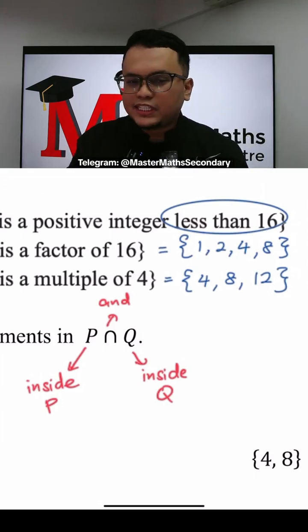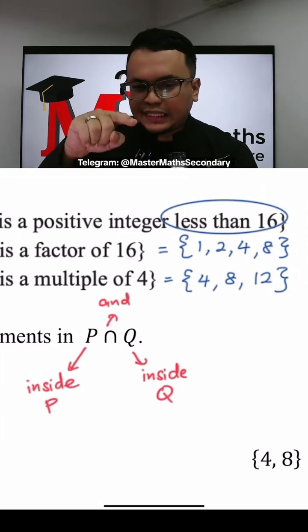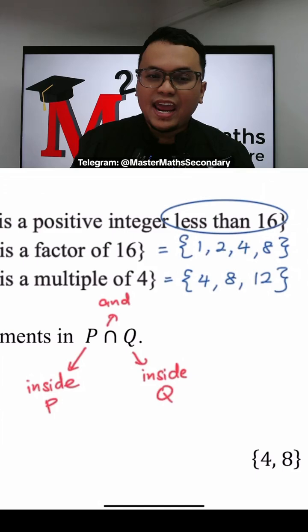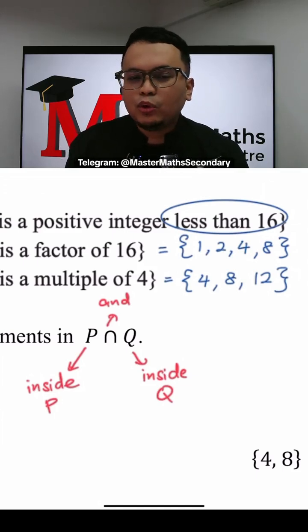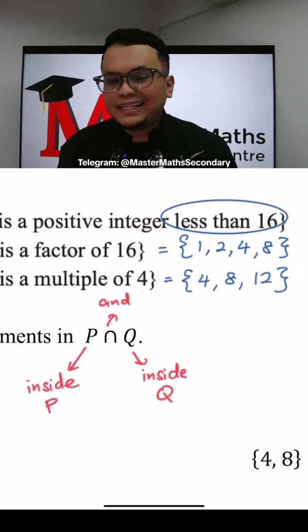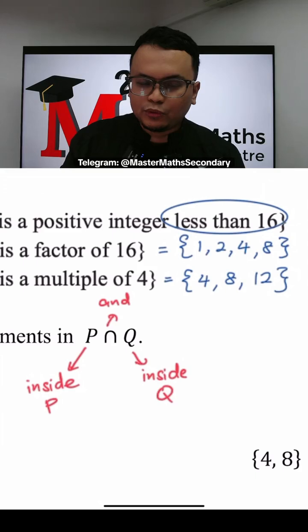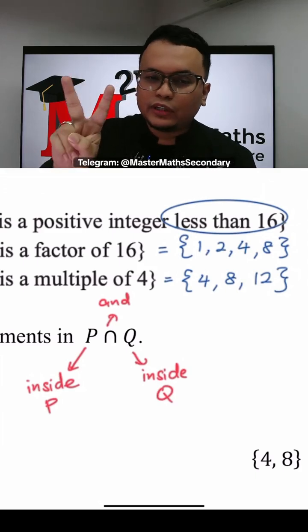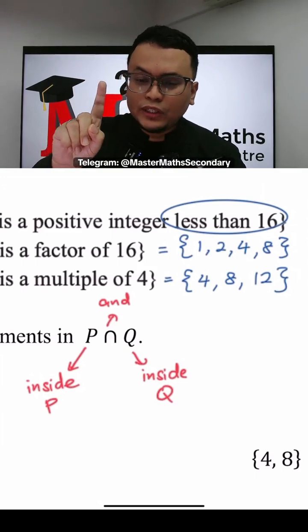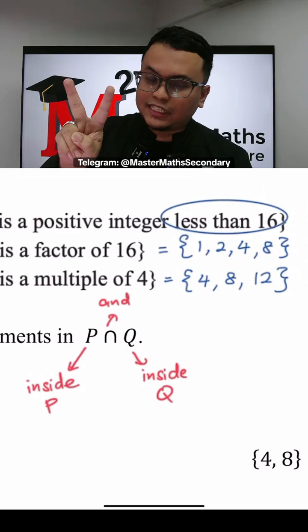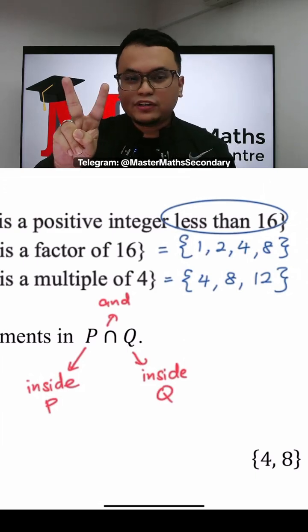So P would just mean inside of P. The intersection translates to an and. Q just means inside of Q. So you are looking at elements that are inside of P and at the same time inside of Q. They must fulfill these two conditions. Fulfilling one of these conditions is not good enough. You need to fulfill both conditions. It must be inside of P and inside of Q.